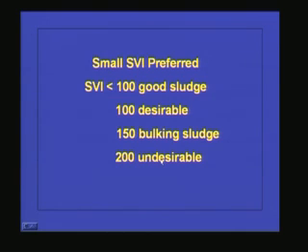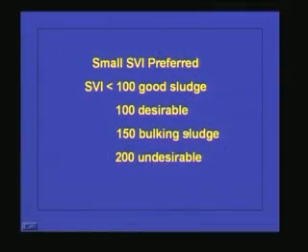Why is it so important, or how does it control the performance of the activated sludge process? We are recirculating the sludge to the aeration tank, and the purpose of this recirculation is to improve the concentration of microorganisms present in the aeration tank. If your sludge is bulking, what will happen? We control recirculation based upon volume. So if the volume occupied by the sludge for a unit mass is high, then even though we keep the recirculation ratio constant, the amount of microorganisms going to the aeration tank will be reduced.